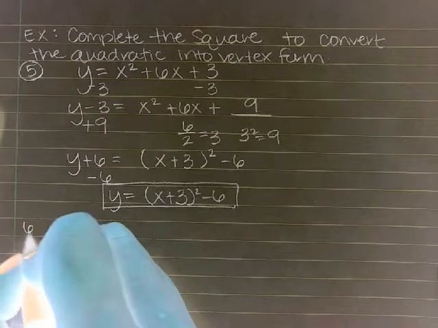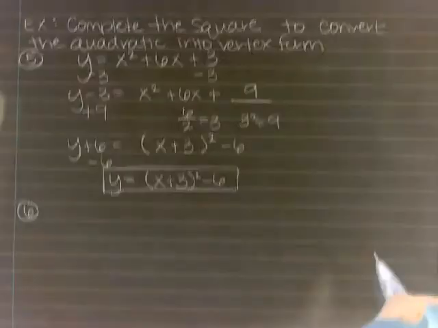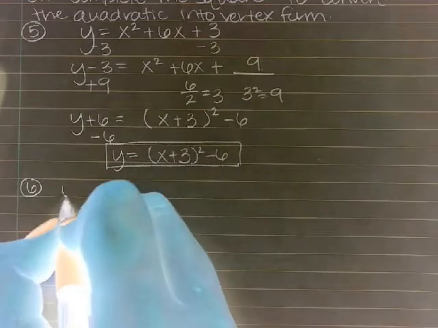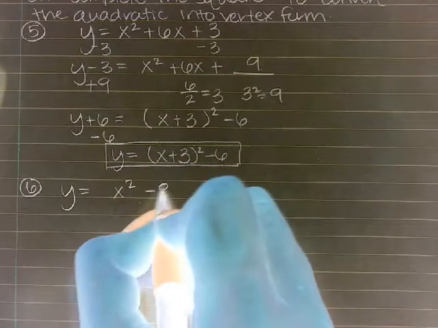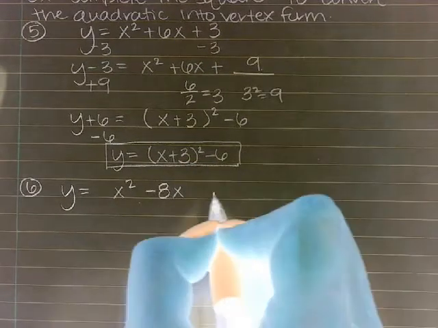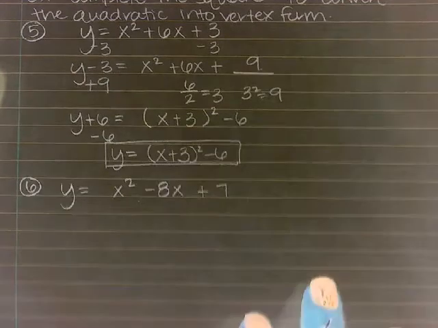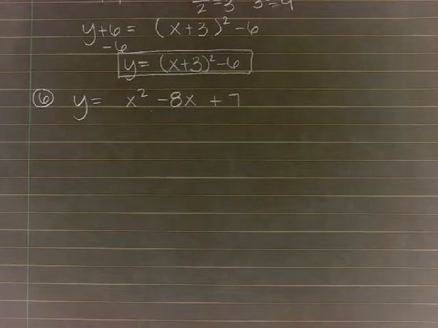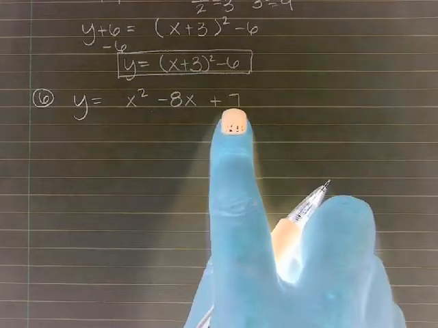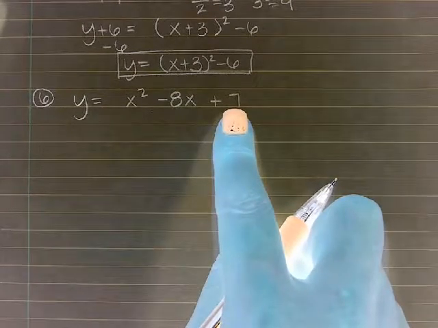All right, example 6. Y equals x squared minus 8x plus 7. Okay, so I don't like the 7 there because I want my blank to be there.